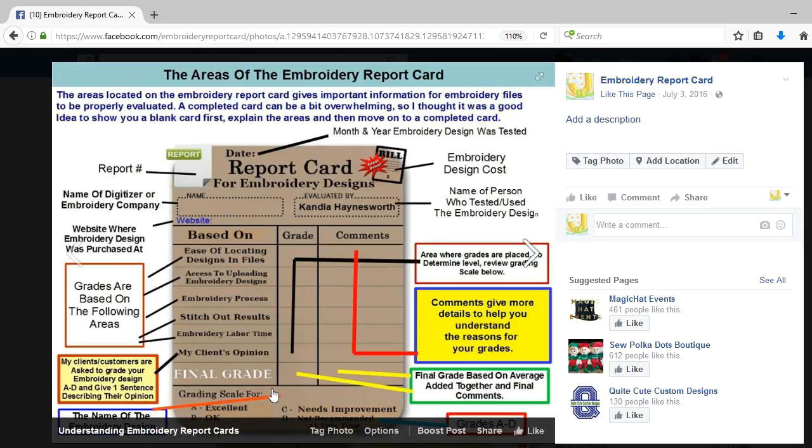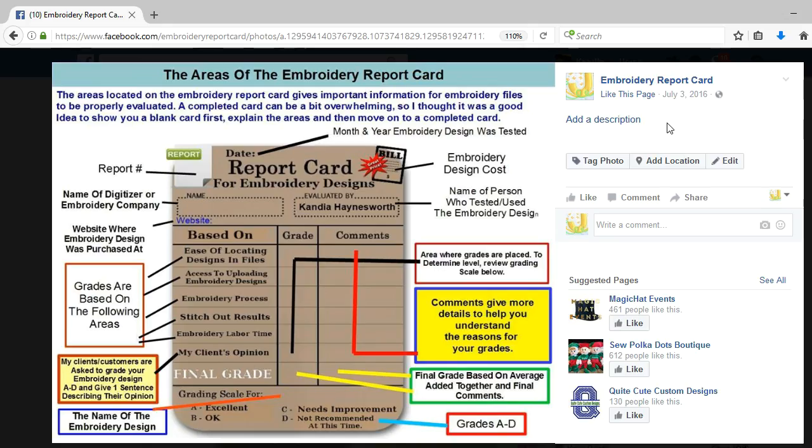Because Stitchtopia may have hundreds of designs and not all of them would be worthy of such a grade, whether it's a high grade or a low grade. We want to be fair, and so I am evaluating all of the embroidery designs on an individual basis, and the name of that embroidery design would be located here. And then down below is the explanation for the grade.